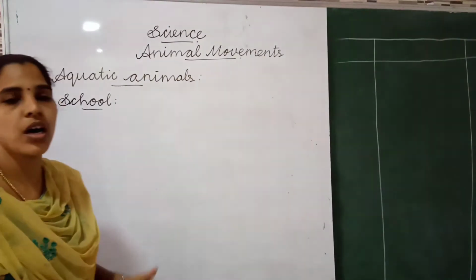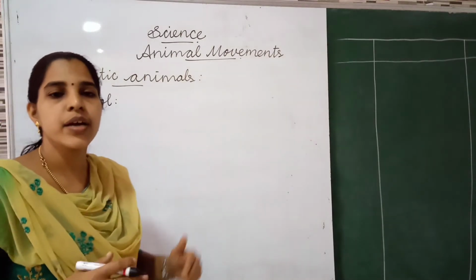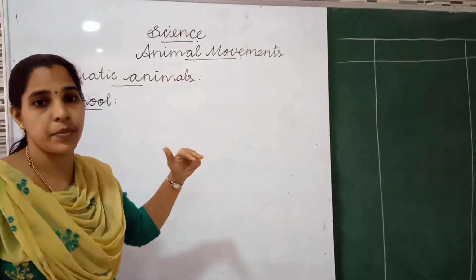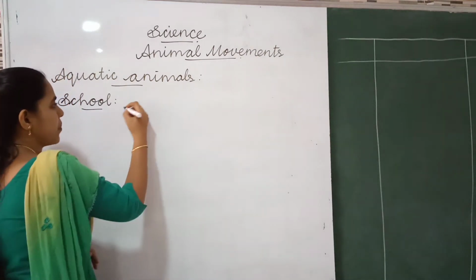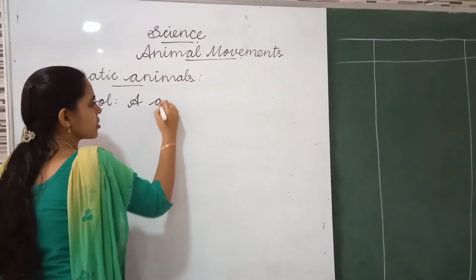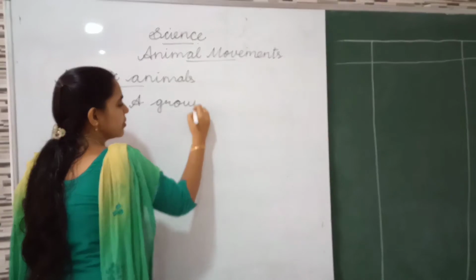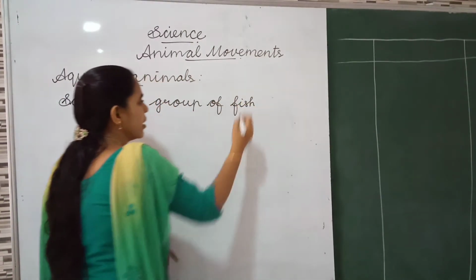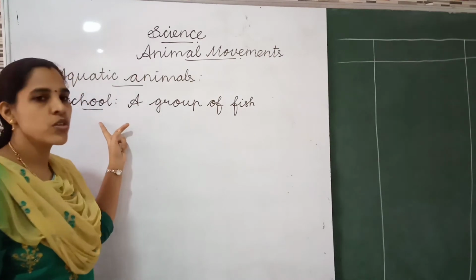A group of fish is called school. This is the collective name.